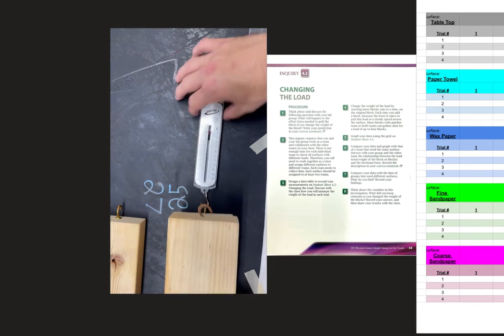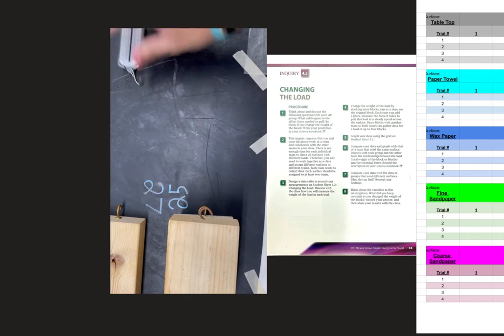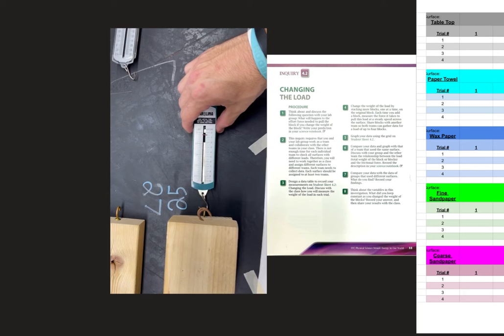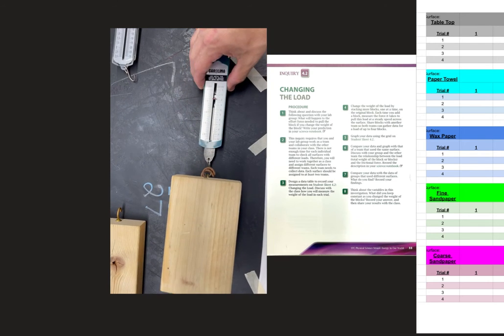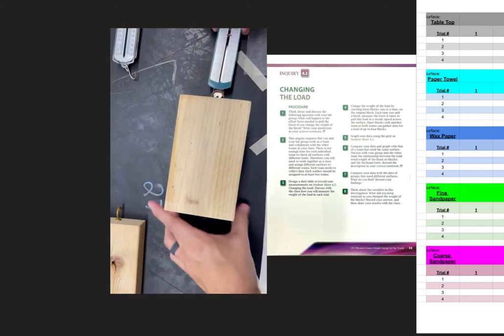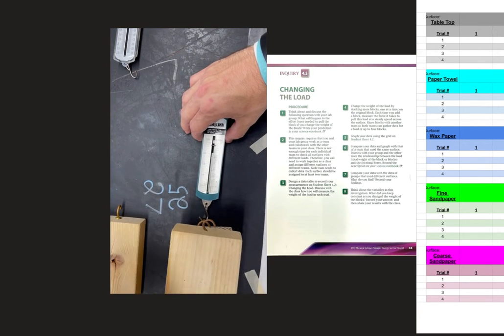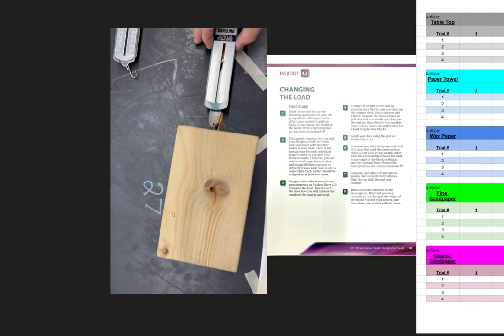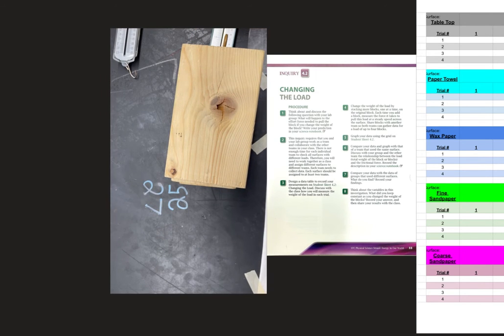Notice I've maxed out my scale on the third block, so I've got to move to the stronger 10 Newton scale so that we can get a reading to pull that third block. And the fourth block, again qualitatively, you can see that those are a little harder to pull as you continue to add more and more blocks. So that would have been the tabletop. If you were in class, you would have changed to the next surface and taken another round of data.